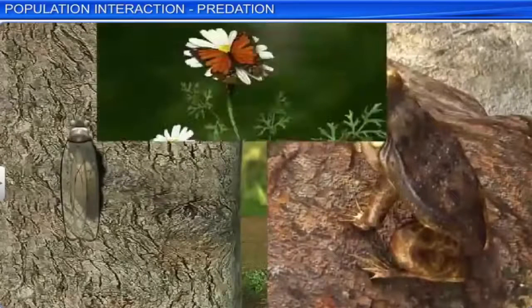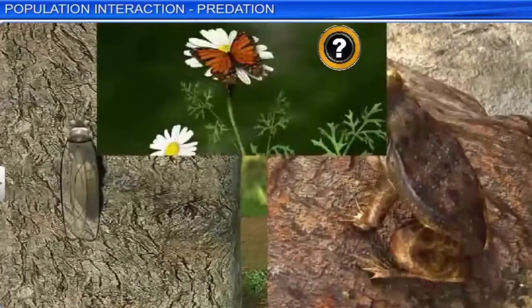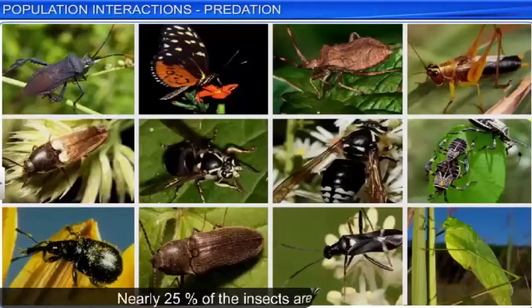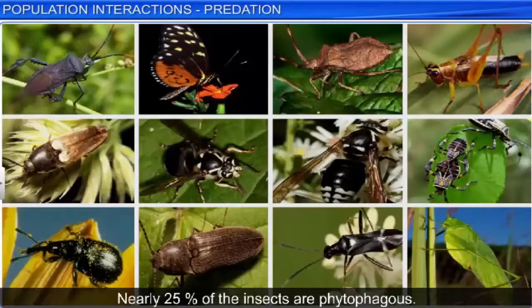But how do plants protect themselves from predation by herbivores? In fact, nearly 25% of insects are phytophagous, which means they feed on plant sap and other plant parts.